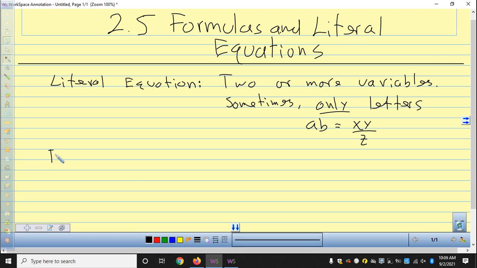And when we talk about a formula, it is just a literal equation that means something specific in the real world. So I'm going to say formula used for something in the real world. So something in science, for example.